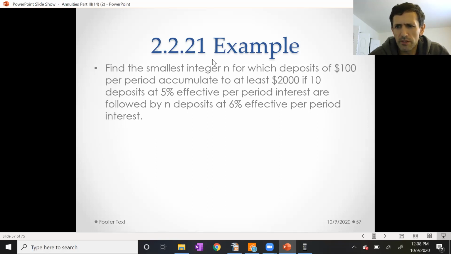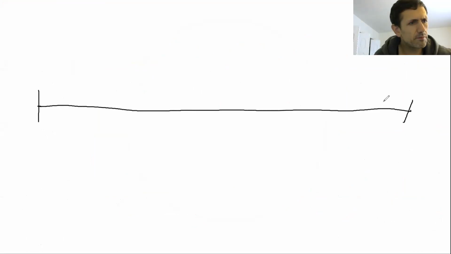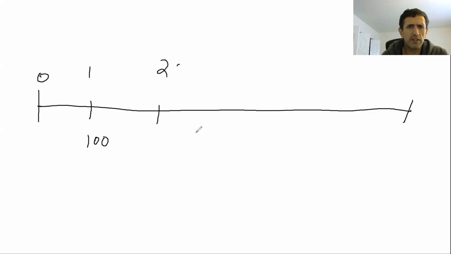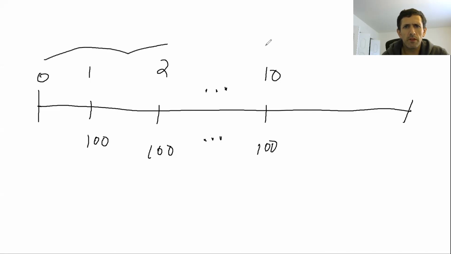Whiteboard. Okay, so the timeline is as follows. As I mentioned, everything is $100 deposits at the end of each period. So we go all the way up to 10. And the per period interest for the first 10 periods, as I said, is 5%.